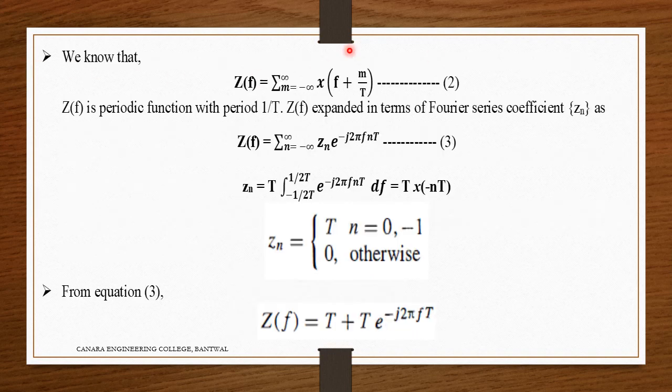Now we know that Z(f) is equal to the summation over m from minus infinity to plus infinity of X(f + m/T), equation 2.